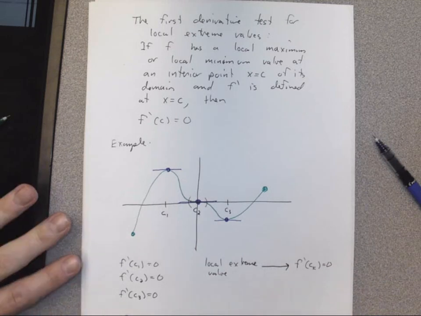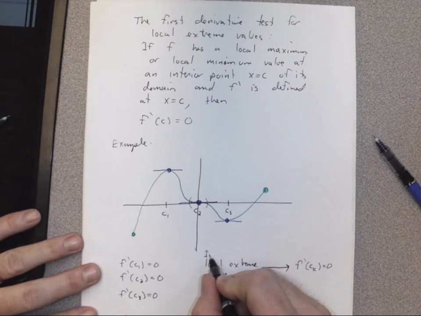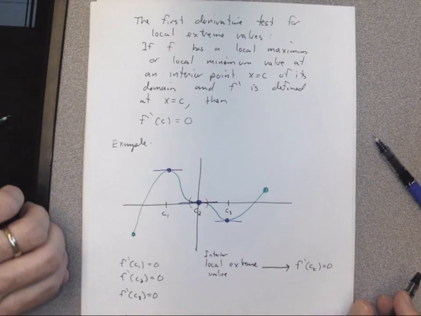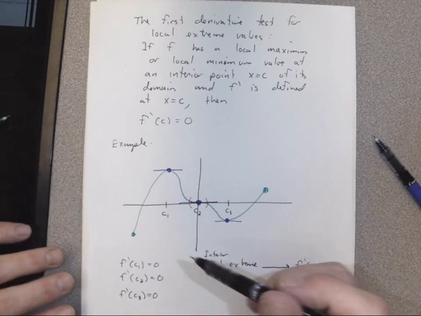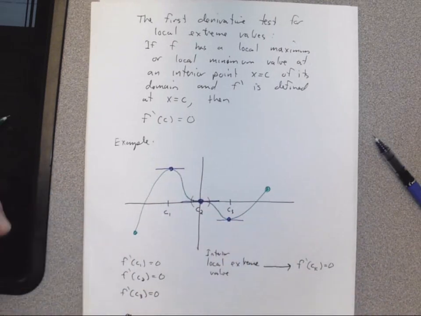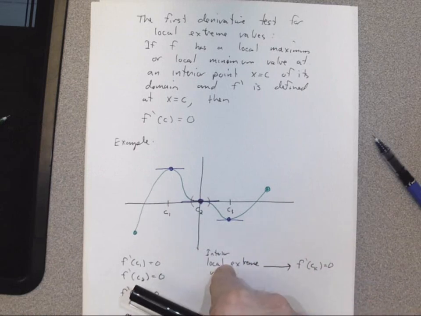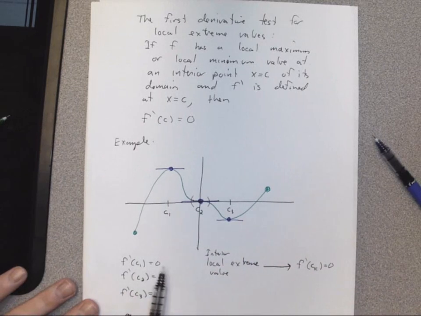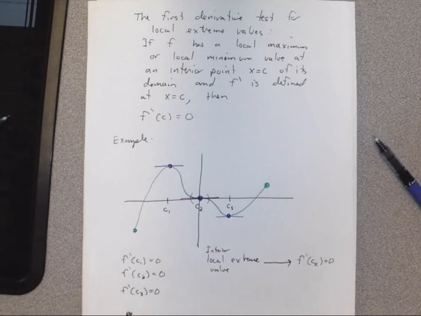Now we're talking about interiors, okay? So notice that these are local extreme values in the interior, and their derivative is equal to 0. But just because their derivative is equal to 0 doesn't mean they're a local extreme value. So when we start solving for these, we're just going to be looking at candidates.